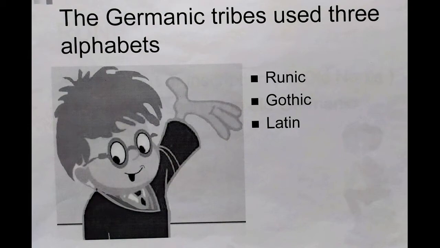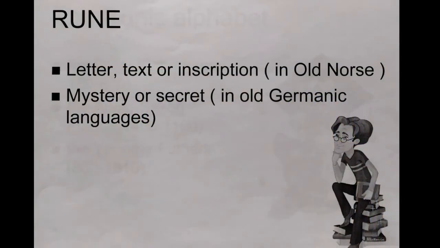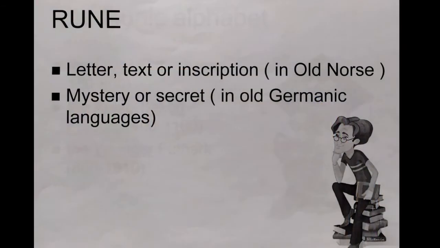First, the runic alphabet, second, the Gothic alphabet, and third, the Latin alphabet. The runic alphabet consisted of runes, that is, letters, texts, or inscriptions in Old Norse, that is, the Old Northern language. It had one more meaning: it was a mystery or secret.